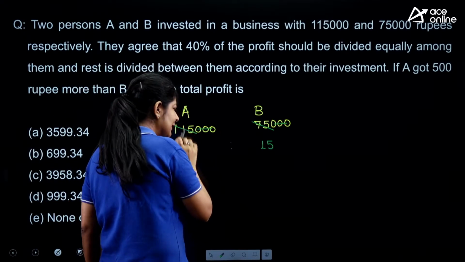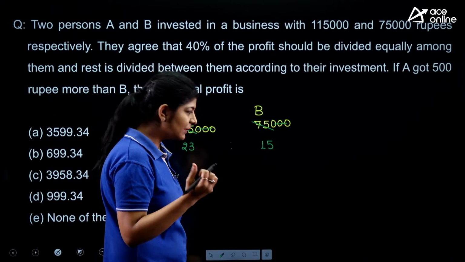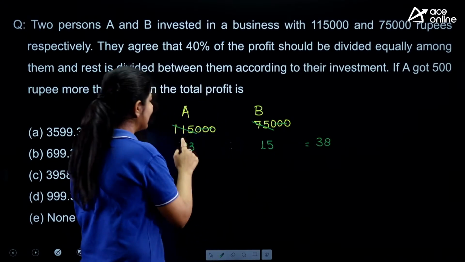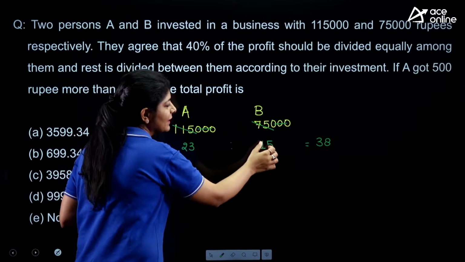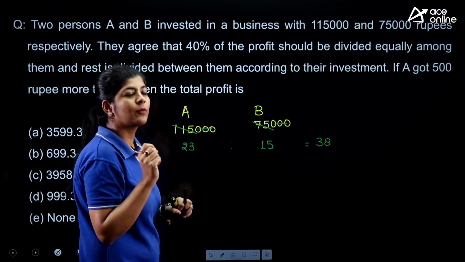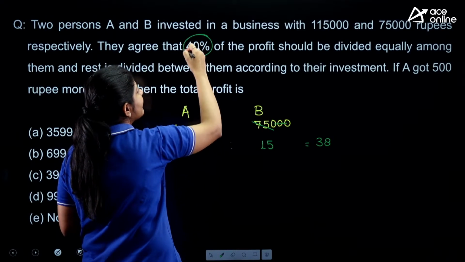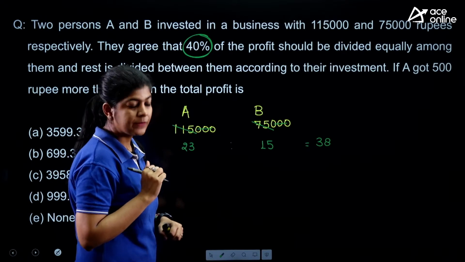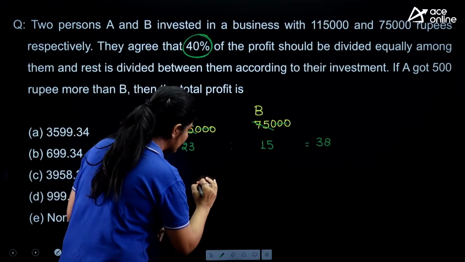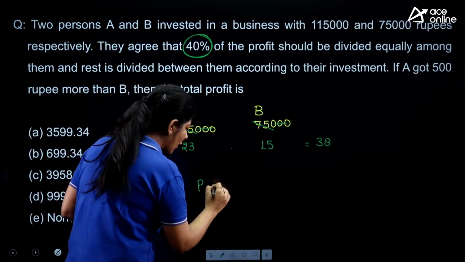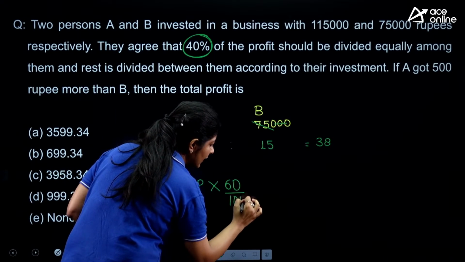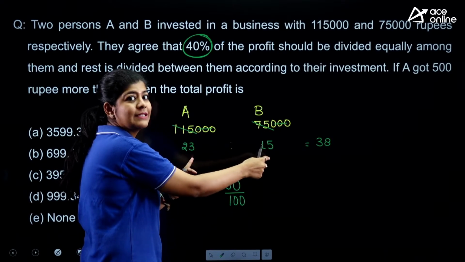So in this ratio only we get a profit. That means if we get a total profit of 38 rupees, out of that A gets 23 rupees and B gets 15 rupees. But this is the proportion of only 60% of the profit, because 40% of the profit is divided equally. Clear? So to find the total profit, we assume that the total profit is P. Out of this P, 60% is divided in this ratio, right?